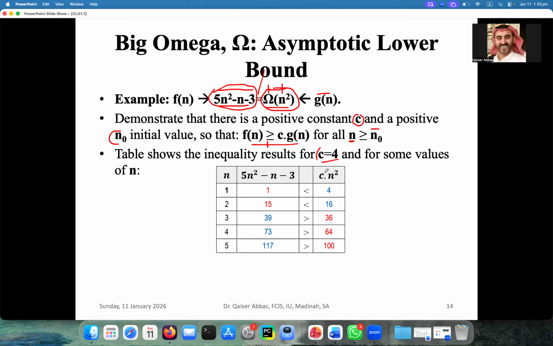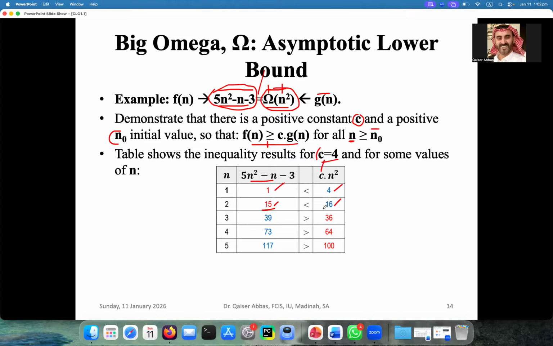Suppose we take c equal to 4. For n equal to 1, f of n gives 1, and c times n square gives 4. So 1 is less than 4. For n equal to 2, I get 15, and here I get 16.